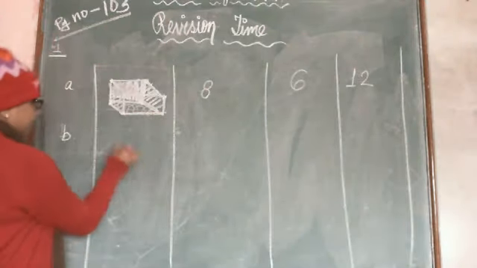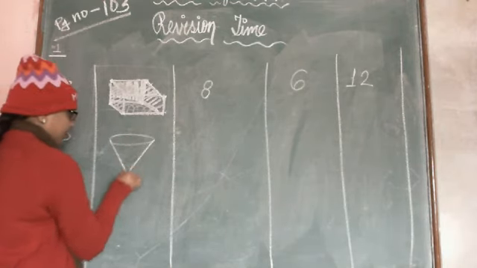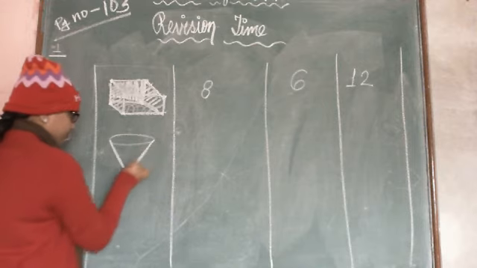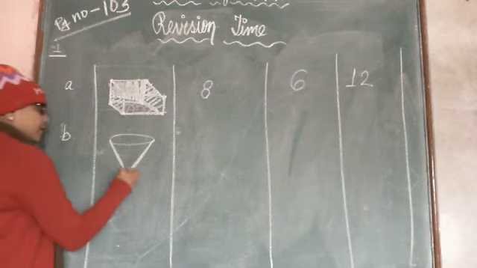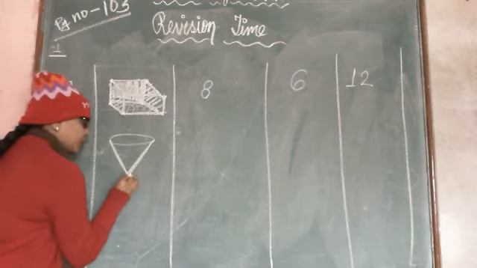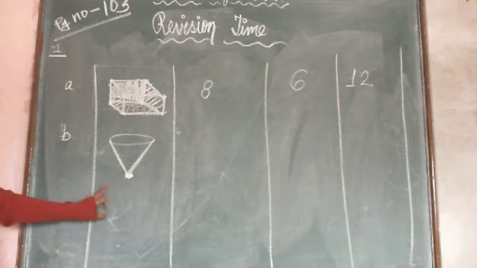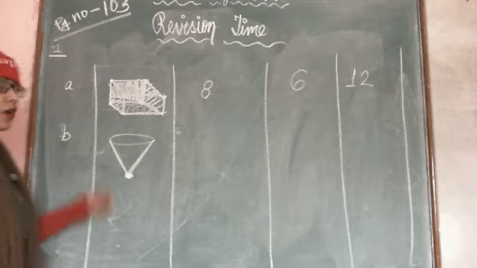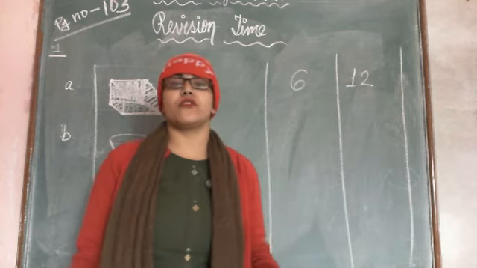Now the next figure B is a cone. Where two sides meet, the point is called as vertex. So there is only one vertex in cone. Vertices is plural form and vertex is singular form.